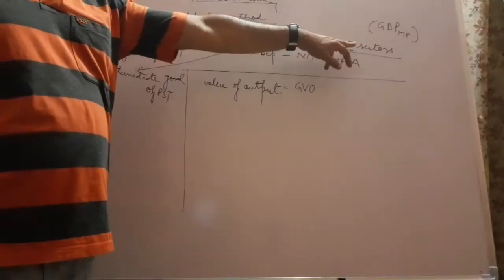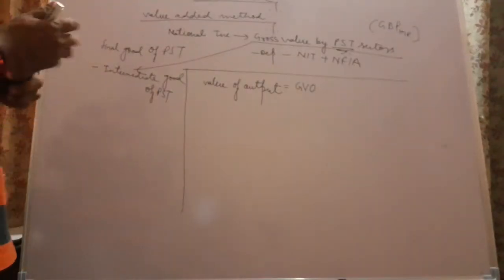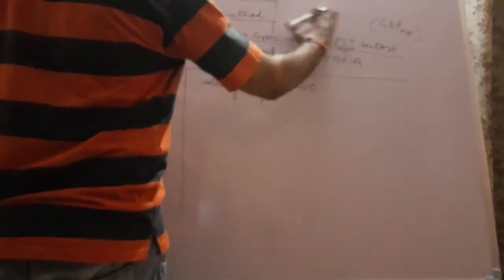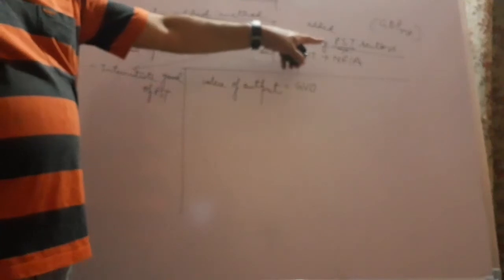Here it is written gross value by primary, secondary and tertiary sector. It is also known as gross value added. This gross value added by primary, secondary, tertiary will give us GDP MP.